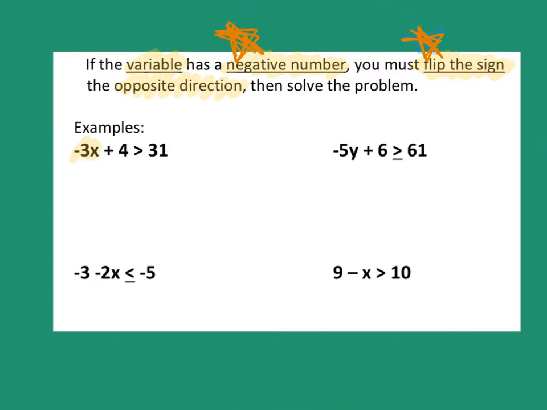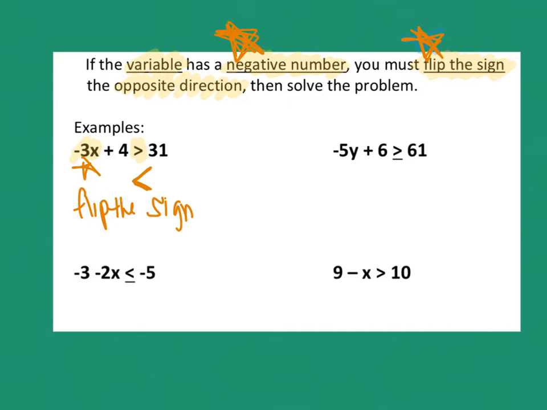Negative 3x. This sign is now going to go the opposite direction. When I solve it, I need to flip it the other direction, because the variable was negative.